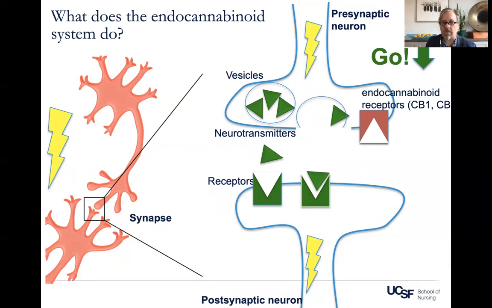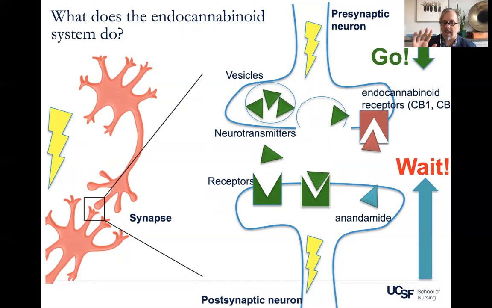So we've got two receptor types, CB1 and CB2, and those endogenous cannabinoids, or endocannabinoids, are made on the postsynaptic side, such as anandamide, and they go upstream, plug into that receptor site, and essentially say, hey, hold up a second. It's like if you've ever helped a friend move out of a house and you get 20 friends together and you're passing the boxes down the line rather than individual people carrying them into the truck.